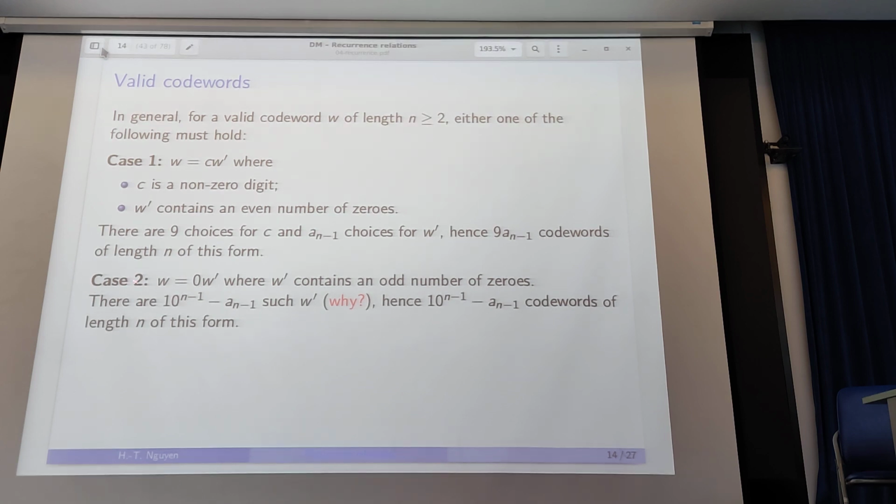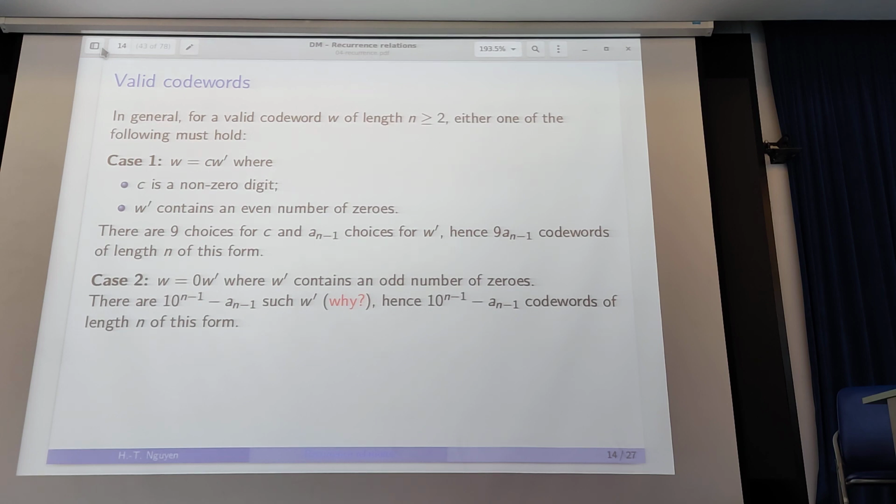So now, for this case, the number of words W which fall into this case is 10 to the power n-1 minus a_{n-1}.